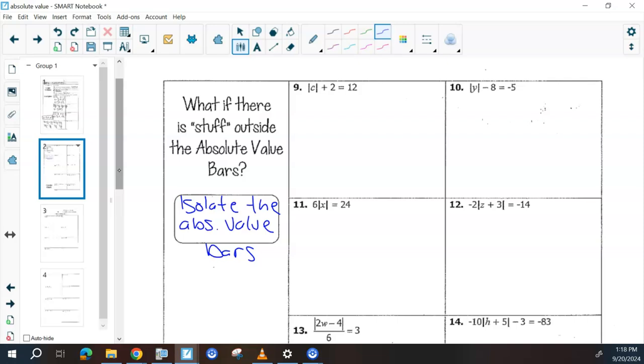Okay, so for number 9, I start to say pretend that everything inside the absolute value bars is like some x. We're trying to solve for that. Leave that towards the end. So I'm going to focus on anything outside of the absolute value bars. Get rid of that by doing what? Subtracting on both sides, yes. Leave this in absolute value bars until you've gotten it by itself, until there's nothing else around it.